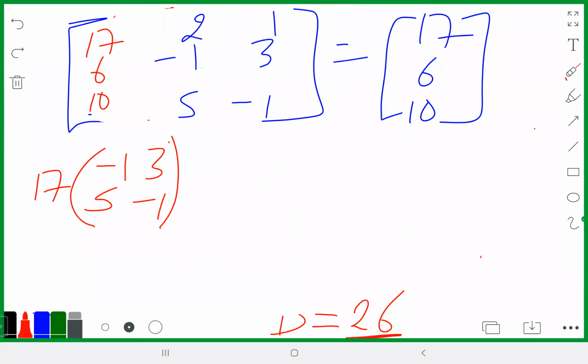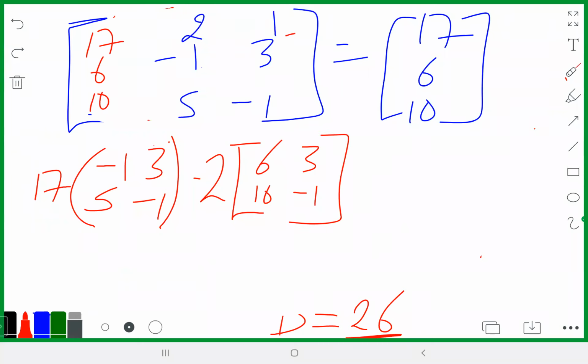Then here you have 2. 2 times negative. That intrinsic sign for negative, it will have been negative 2. Multiplied by delete the row, delete the column, you have 6, 3, 10, and negative 1, right? Then the other one will be this one now. It is positive 1, because even the intrinsic sign is positive.